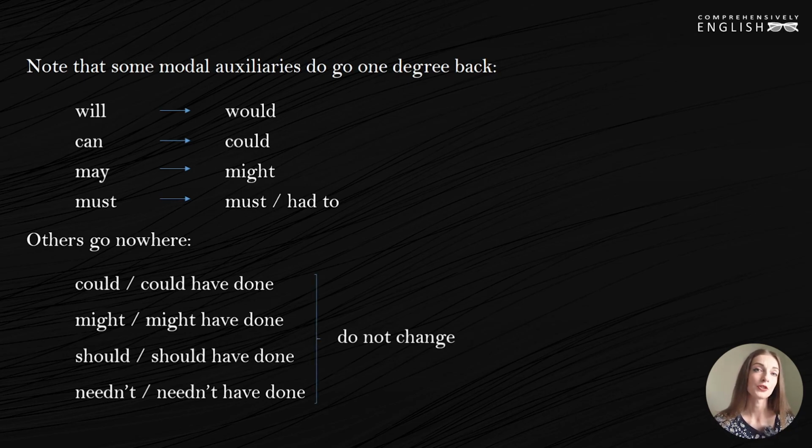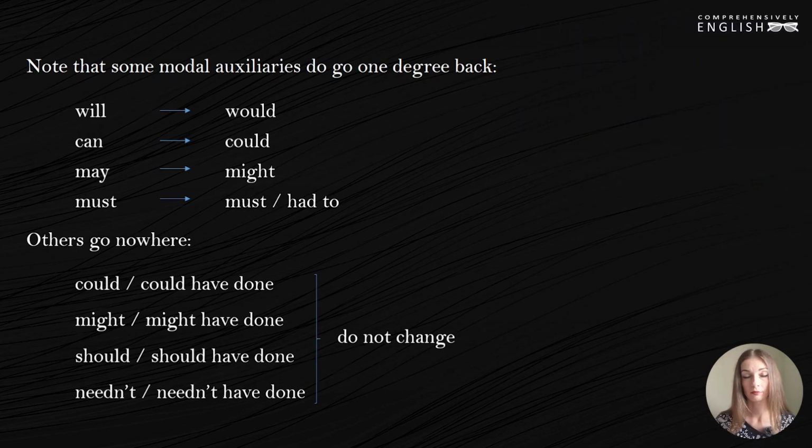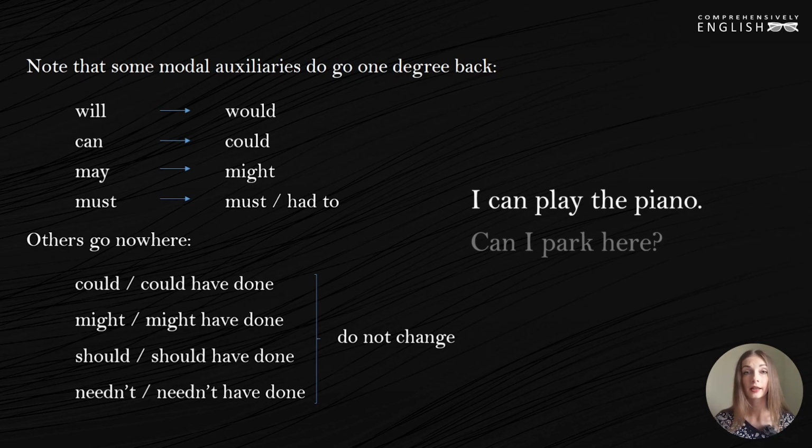Because modal verbs usually have different meanings. They can express different modalities. Can express a physical ability to do something and also a request or a general possibility of something. Let's compare I can play the piano and can I park here? Yeah, these are different ideas.